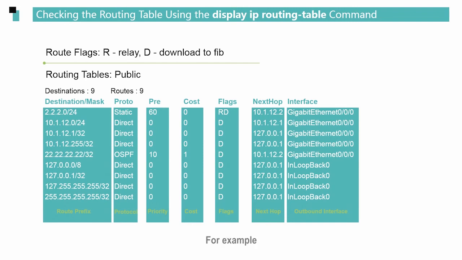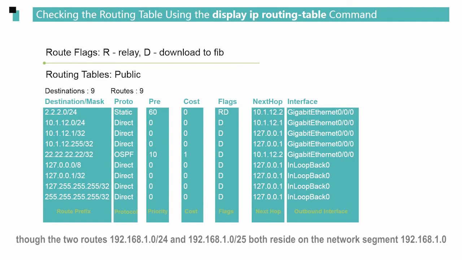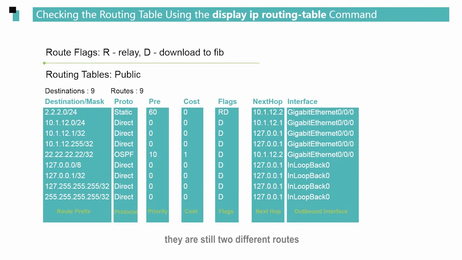For example, though the two routes 192.168.1.0/24 and 192.168.1.0/25 both reside on the network segment 192.168.1.0, they are still two different routes because they have different mask lengths.